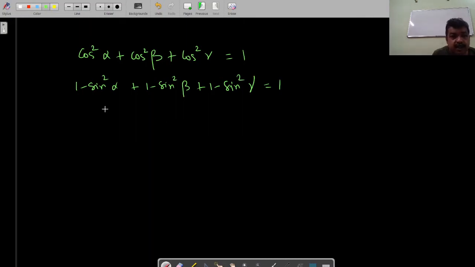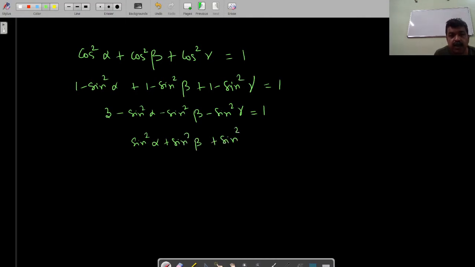So this is 3 minus sine square alpha minus sine square beta minus sine square gamma is equal to 1. That means sine square alpha plus sine square beta plus sine square gamma is equal to 2. So this is another result.